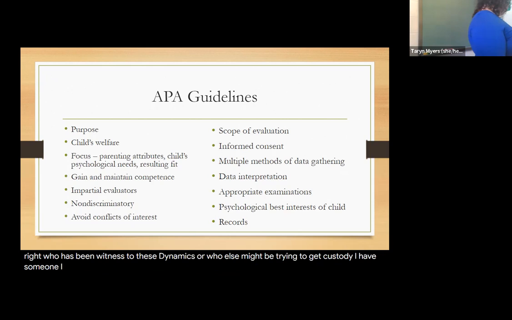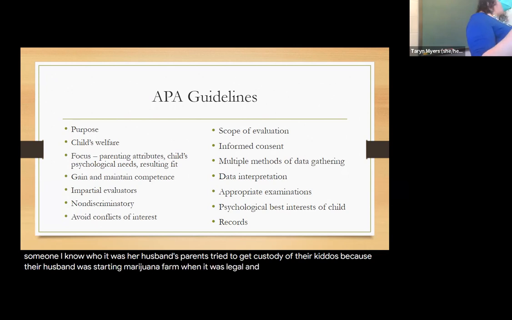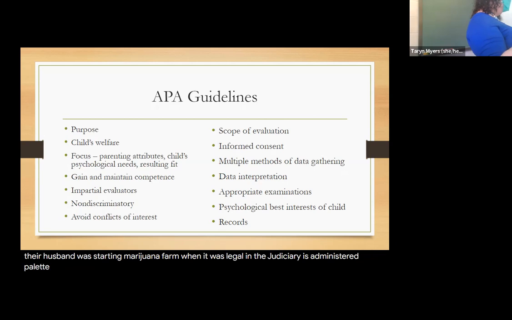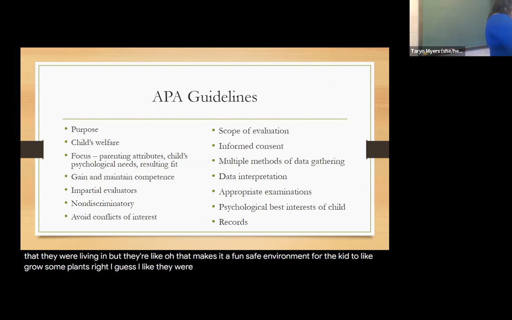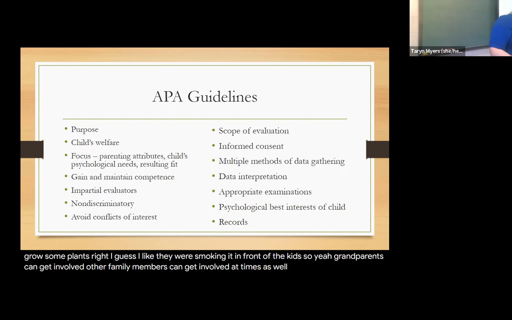I know someone whose husband's parents tried to get custody of their kids because the husband was starting a marijuana farm when it was legal in the municipality they were living in. But they said that makes it an unsafe environment for the kid. To grow some plants, right? It's not like they were smoking it in front of the kids. So yeah, grandparents can get involved, other family members can get involved at times as well.